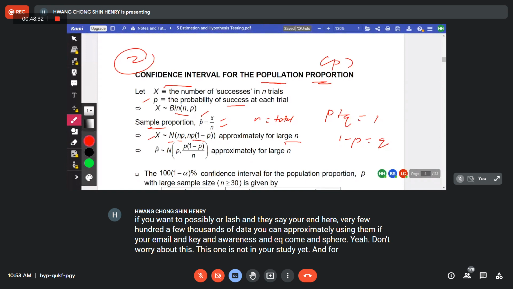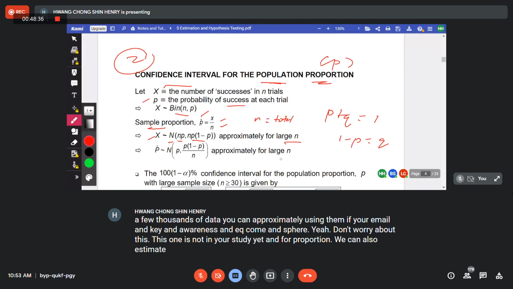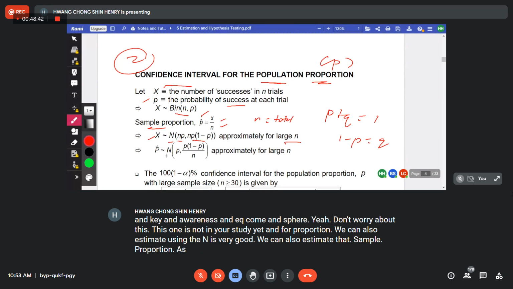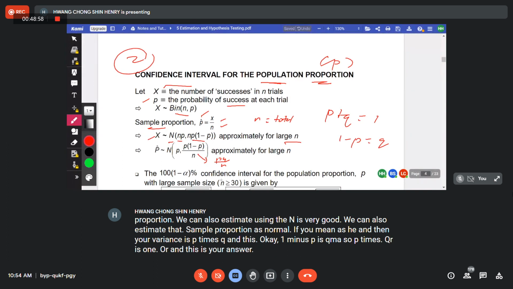For proportion, if N is very big, we can also estimate the sample proportion as normal with mean P and variance P times Q over N, where 1 minus P is Q.